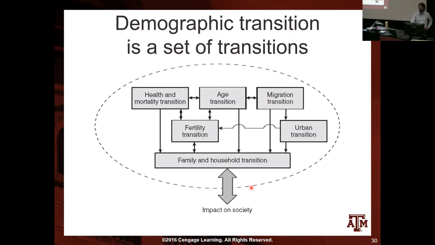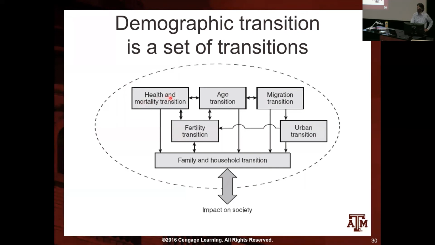What's interesting about all that is that we have changes in mortality. People now have better health habits and lower levels of mortality. That's also related to people having fewer children, and that influences the age composition.